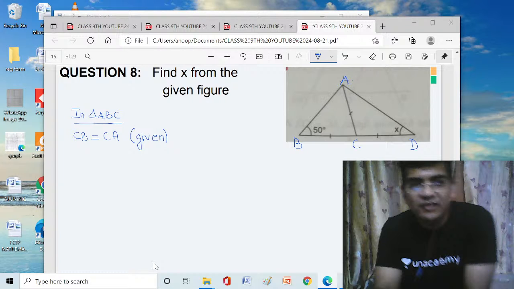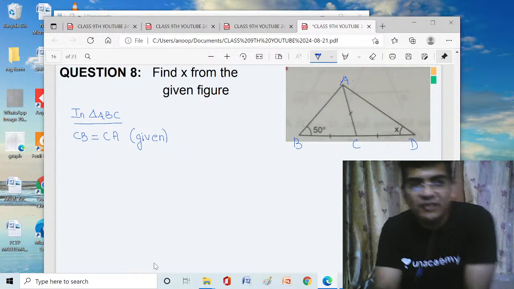So I am getting A is equal to B. B is given as 50, so I am getting A as 50. So I have got this angle as 50. This one is also 50. So I can calculate this third angle. Can I calculate this third angle in a triangle?